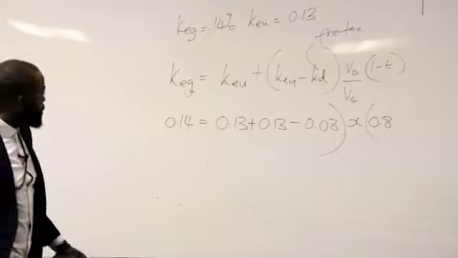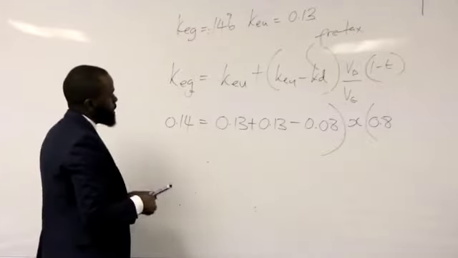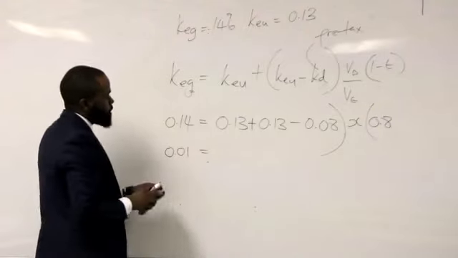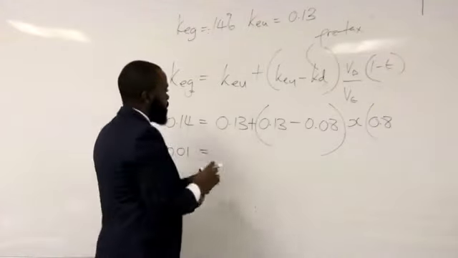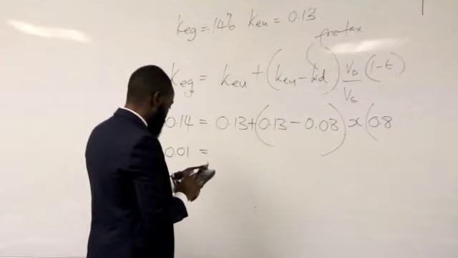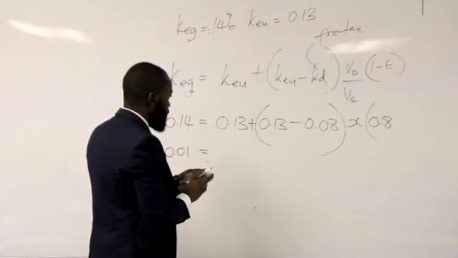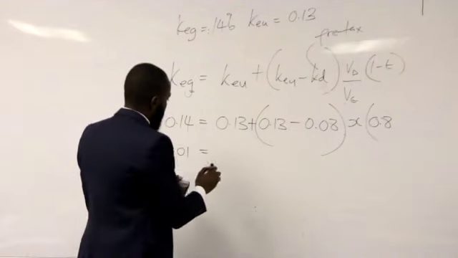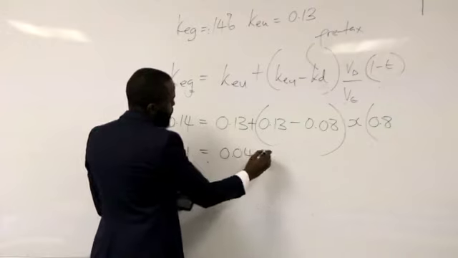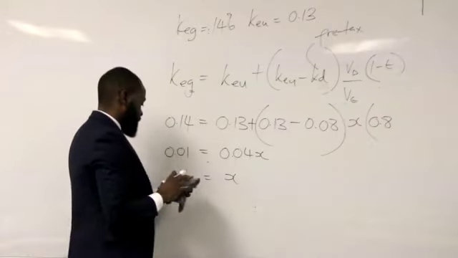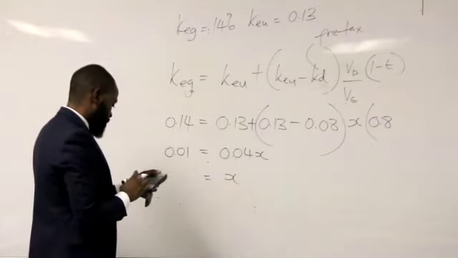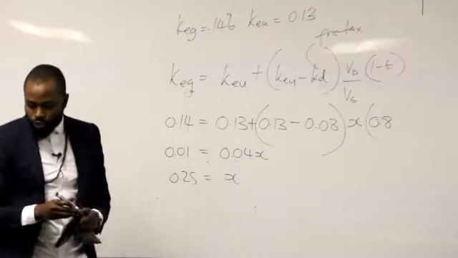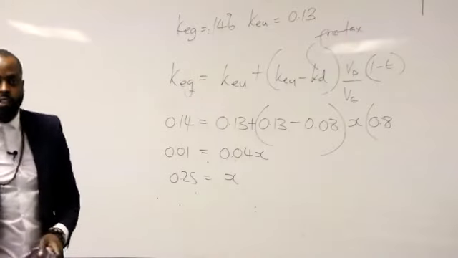Now we just have to solve, take the 0.13 to this side. 0.01 is equal to 0.13 minus 0.08 times 0.8, which is 0.04 X. Therefore, X is equal to 0.01 divided by 0.04. The ratio is 0.25. The answer is A there.